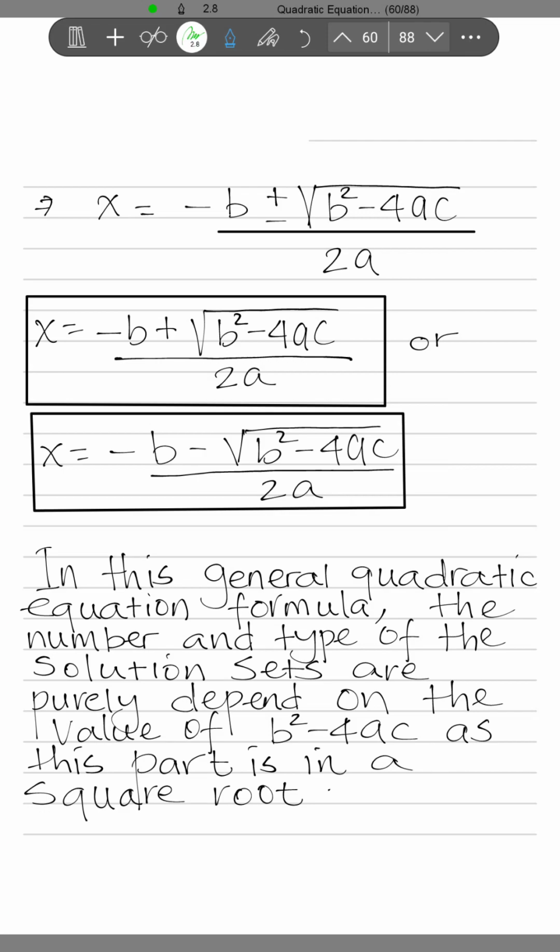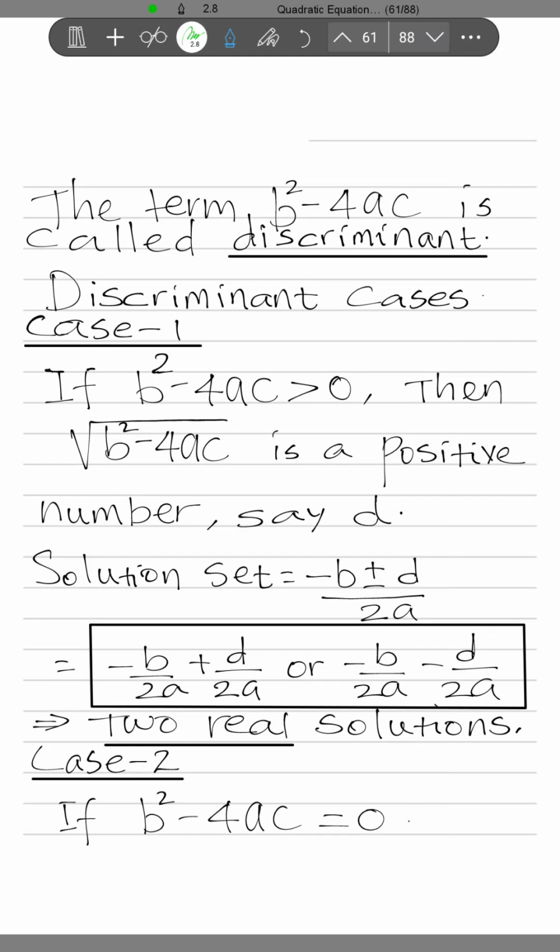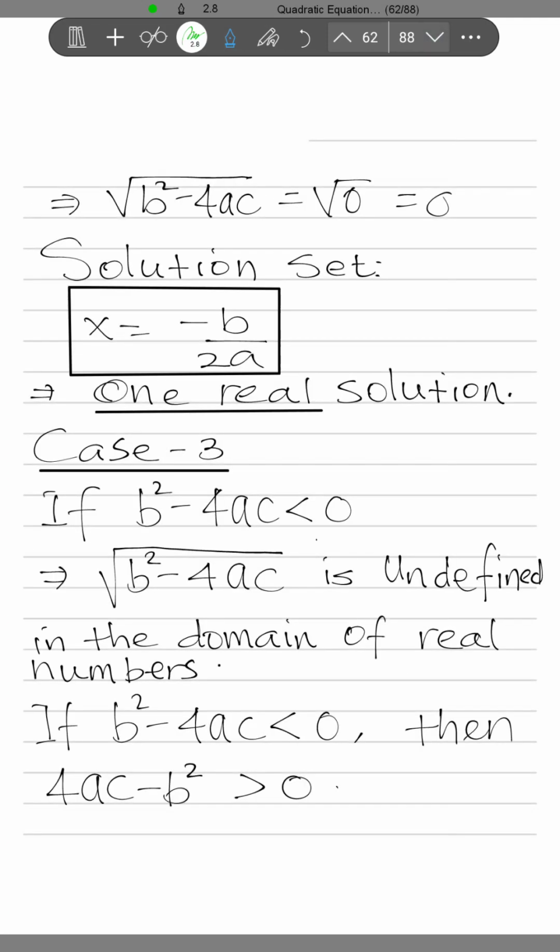And then after that, we can find the sum of the roots, the product of the roots, and the average of the roots of an equation without solving the equation, by taking only the constants a, b, and c.